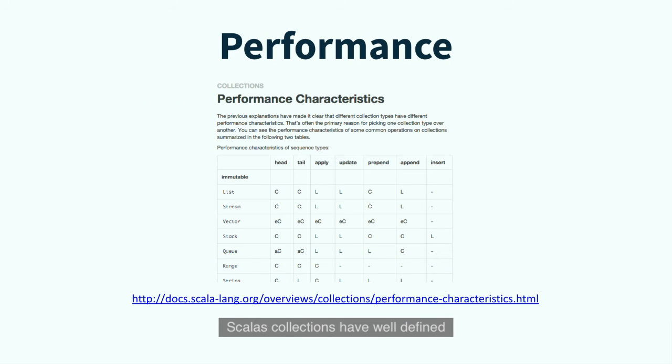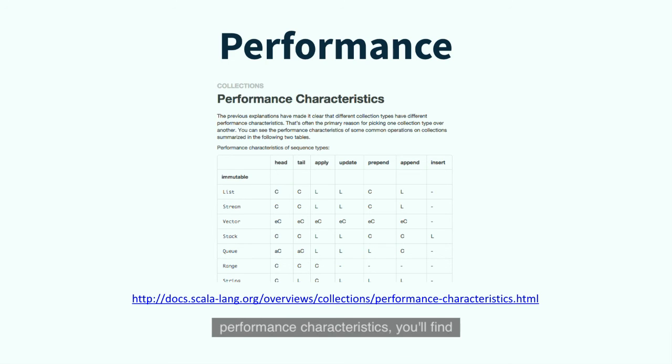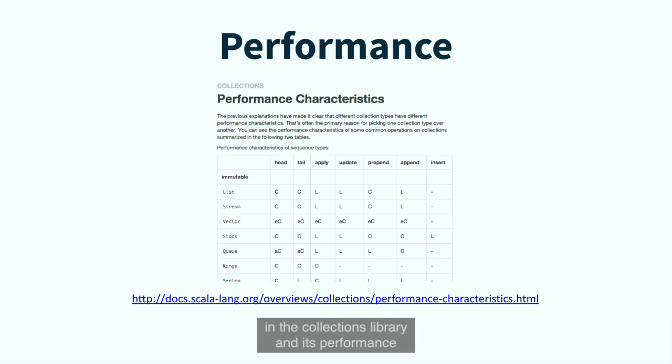Scala's collections have well-defined performance characteristics. If you go to this web page that is shown, or if you do a web search for Scala collections performance characteristics, you'll find a page that has every collection in the collections library and its performance using various operations, such as accessing the head of a list, which is the first value, the tail of the list, which is everything after the first value, or updating the list or prepending the list.